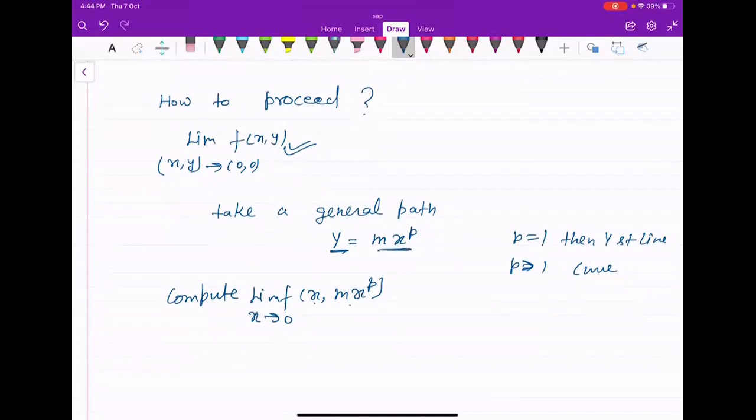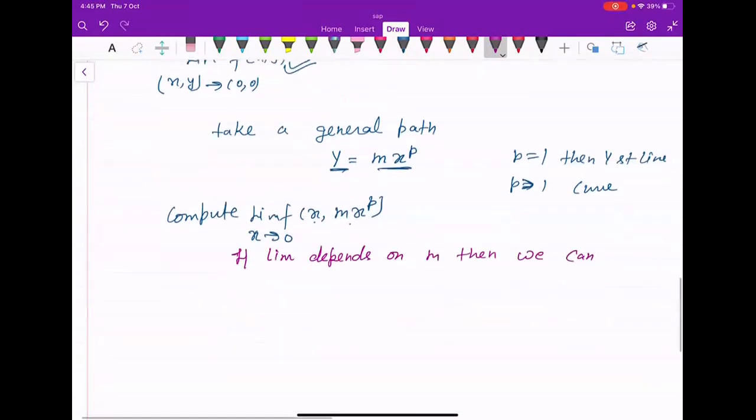If this limit depends on m, then we can say the limit does not exist.